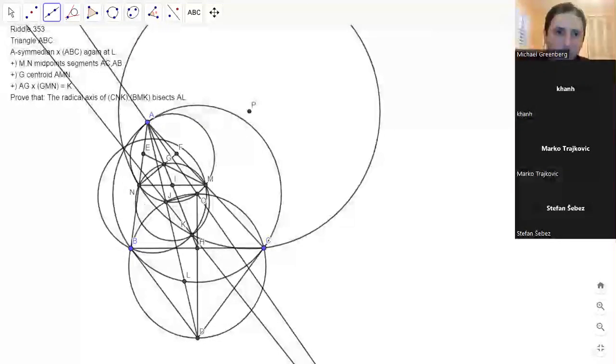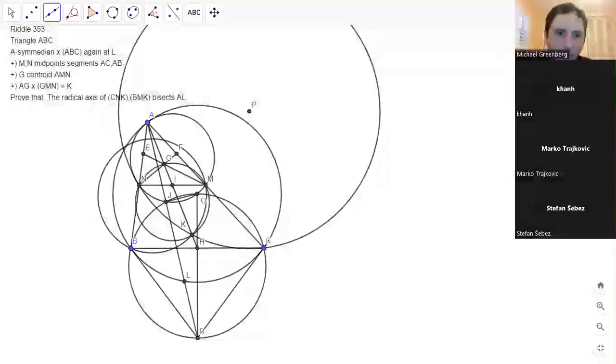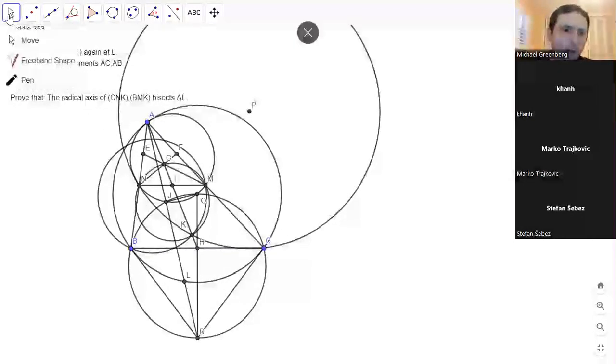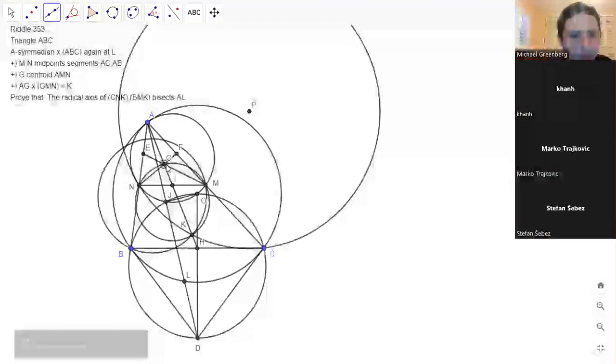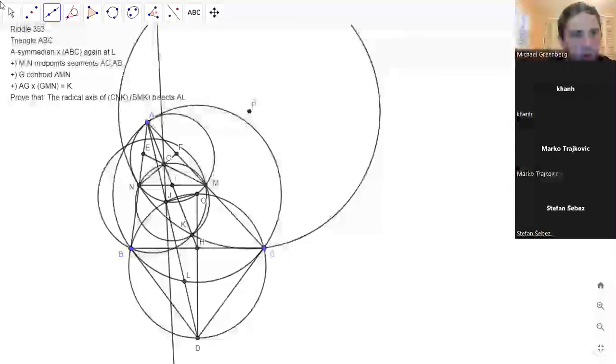No. I was going to say GJ is perpendicular to MN.